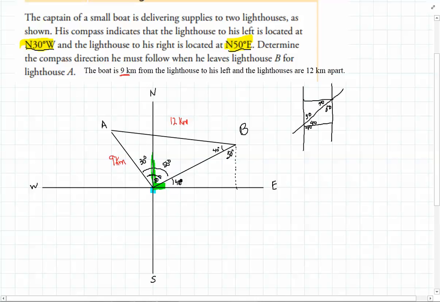We're going to use the sine law because we have 80 degrees and we have the side opposite. So the sine of 80 degrees divided by the side opposite, which is 12 kilometers. And we have here 9 kilometers against angle B. So we have sine B over 9. We calculate the sine of angle B by multiplying both sides by 9.